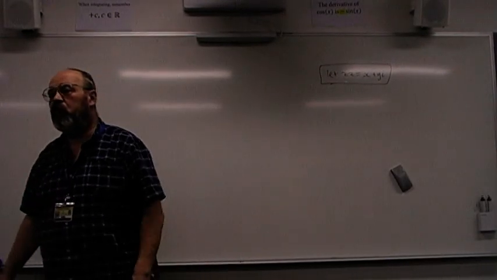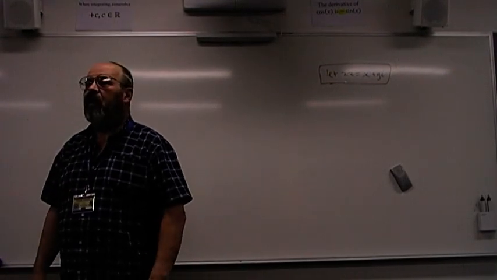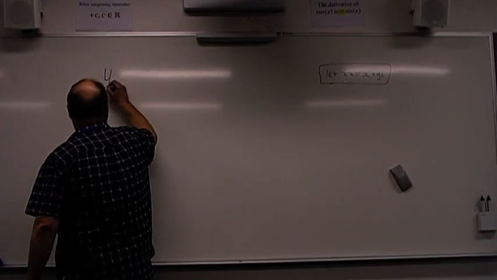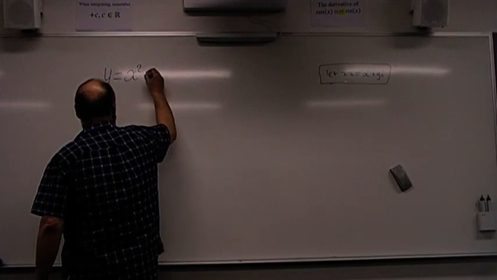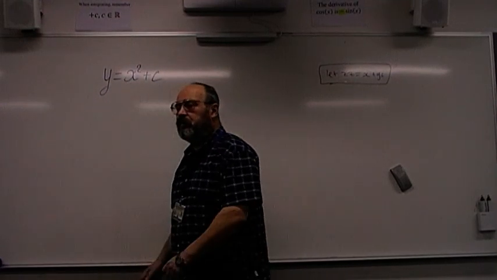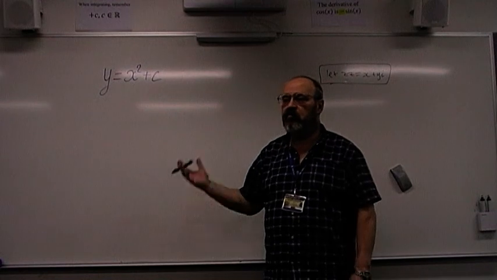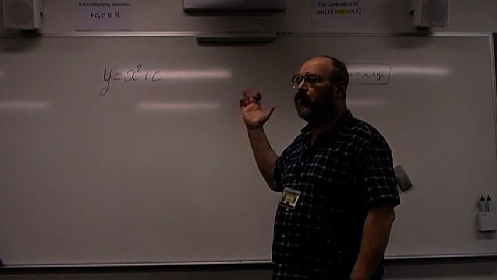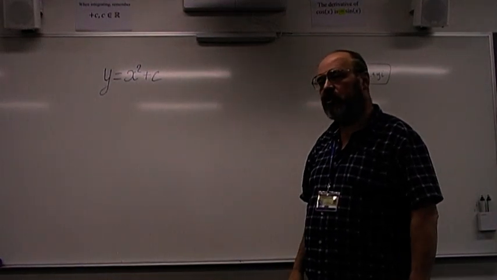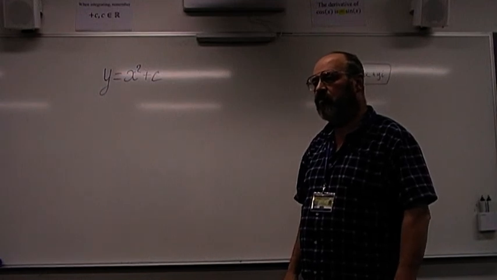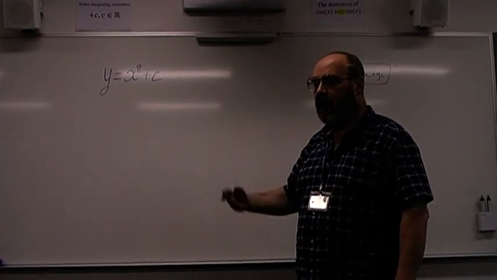First of all, what is a parameter? Let's say we have the function y equals x squared plus c. The basic function is x squared. What does parameter c change? The y-intercept. It's moving it up or down.